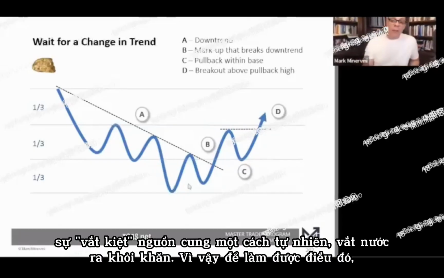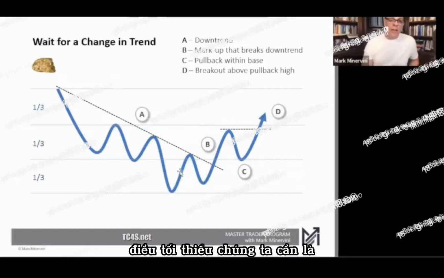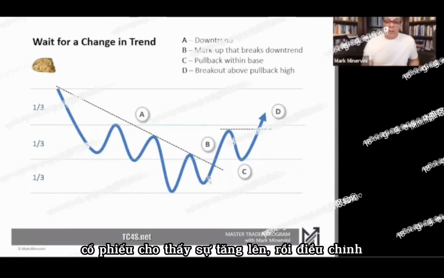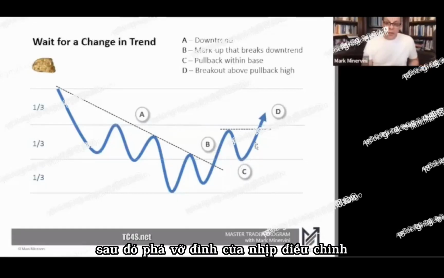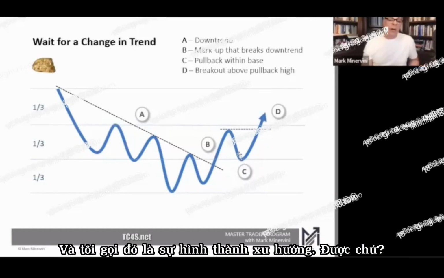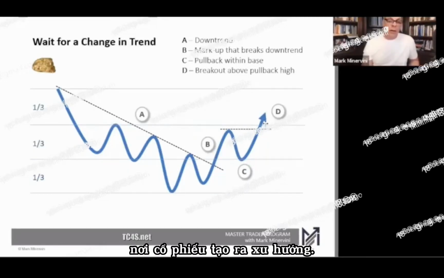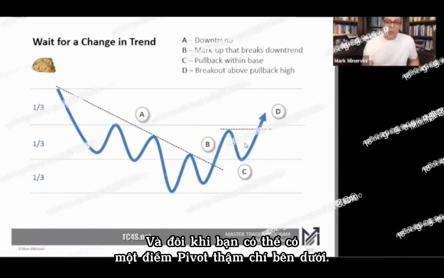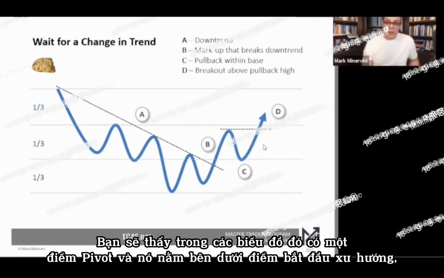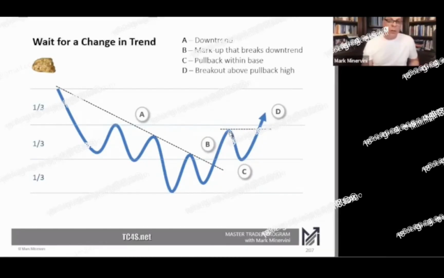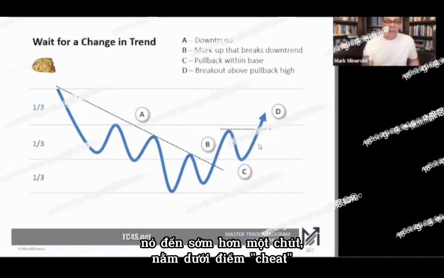So the minimum that we want the stock to do is mark itself up, pull back, and then take out the high from the pullback. That's what I call making the turn. All right, where the stock has made the turn. And sometimes you can have a pivot even below. You'll see in those charts where there's a pivot below the turn, which is getting in a bit earlier.